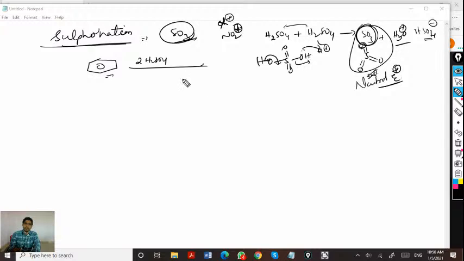So SO3 is generated if you treat with 2 moles of H2SO4. Let me write the SO3 and let me draw the benzene. It is going to attack and it becomes like this. So it becomes O minus, and this will be the place.